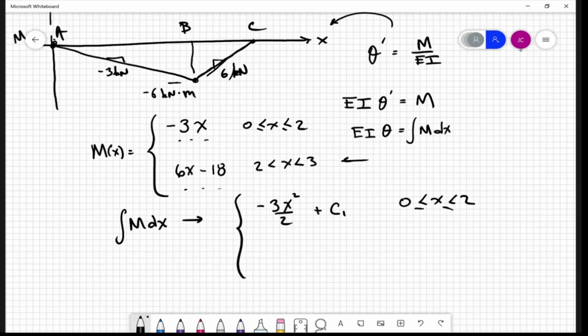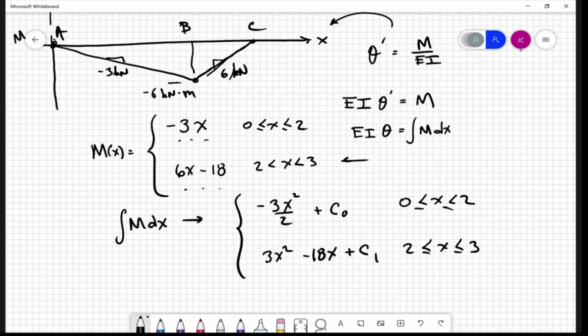And then if we integrate the second one, we're going to get 6x squared over 2, or 3x squared, minus 18 times x, plus another integration constant. Let's call these C0 and C1. That's what I did last time. C0, C1. And that's from 2 to 3.